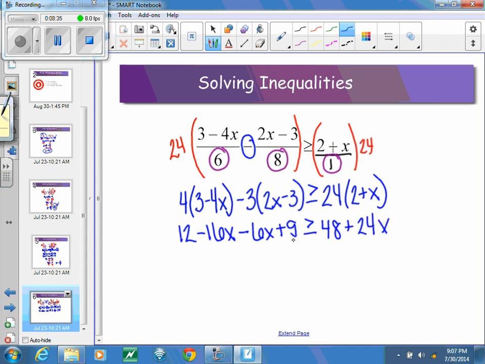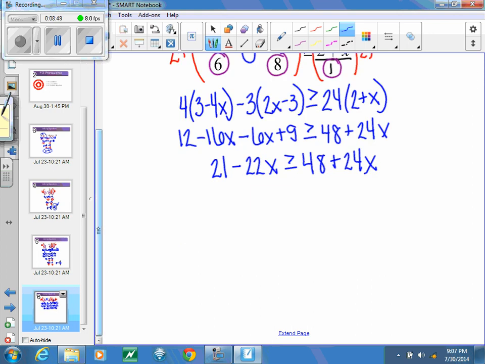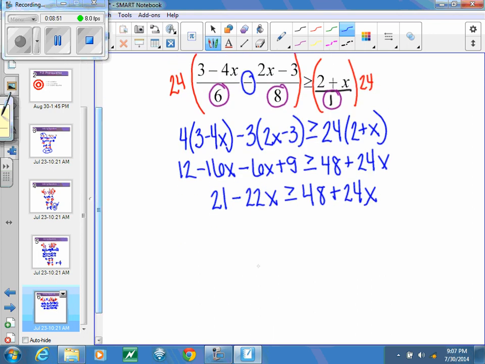Combine like terms, so I'm going to end up with 21 minus 22x is greater than or equal to 48 plus 24x. And we're going to bring everything over to the left-hand side here, so I'm going to go ahead and subtract 24x from both sides.